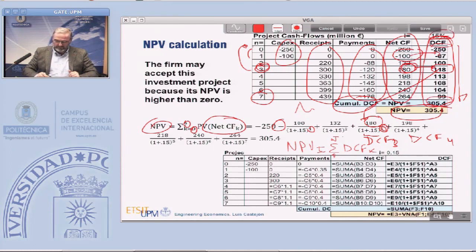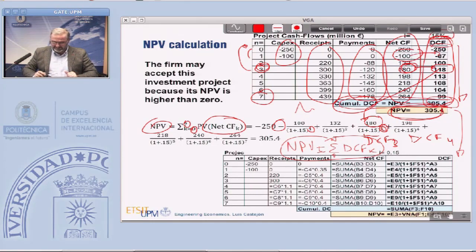The blue calculation you see here is our own calculation by applying this formula, the discounted cash flow, the summation, and the orange one is the net present value calculation according to the Excel formula. So we have here the formulas used on the Excel.